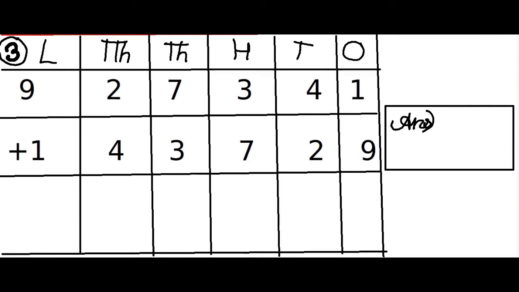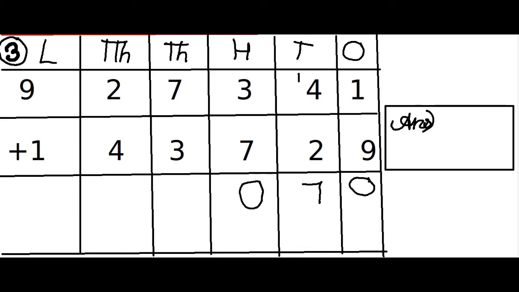Over here, 9 plus 1 equals 10. 0 here, 1 will be carried here. 4 plus 2 is 6, and 6 plus 1 is 7. Or rather, you can do 4 plus 1, which equals 5, and 5 plus 2, which equals 7. And over here, 7 plus 3 or 3 plus 7 is 10.